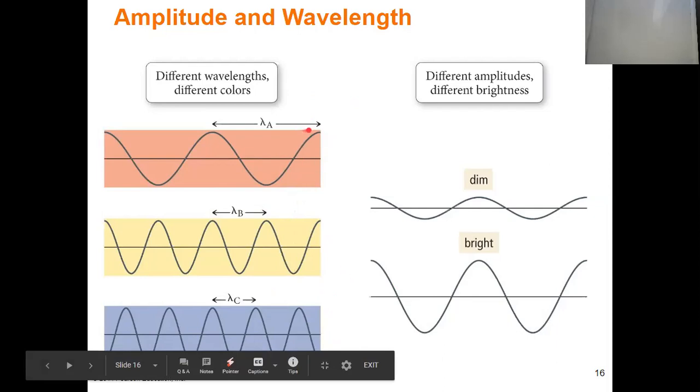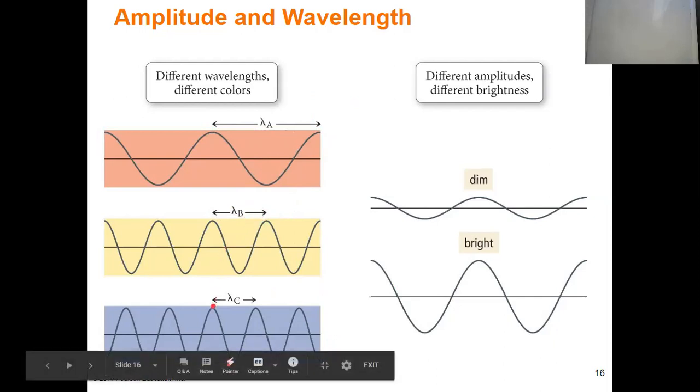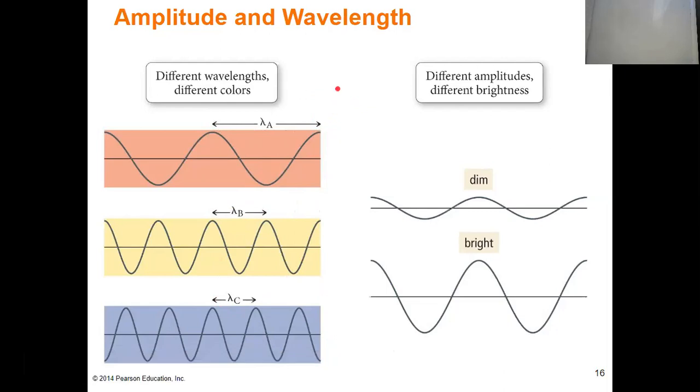And again, we're noticing the wavelength based on the distance between two crests in this case. That's the easiest way to look at it. So the distance between these two crests is very large. The distance between these two crests is in the middle. The distance between these two crests is very small. So that difference in wavelength corresponds to a difference in color.